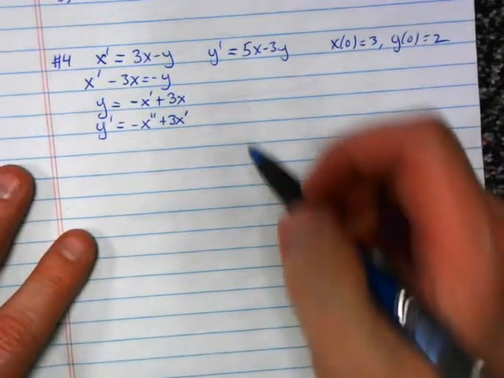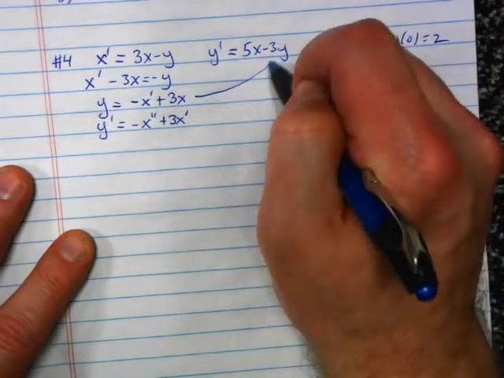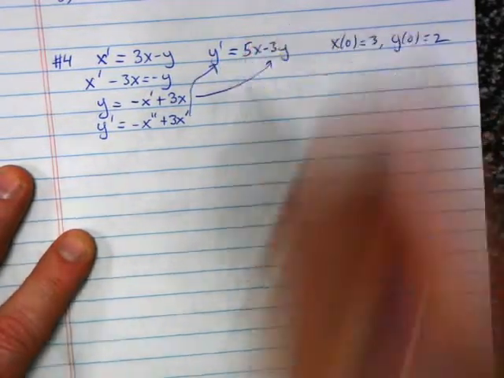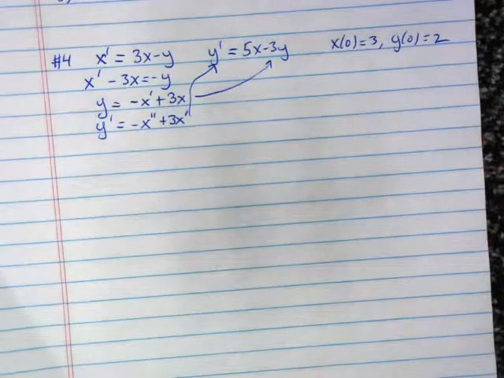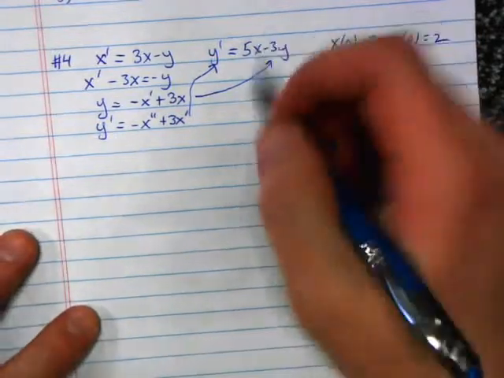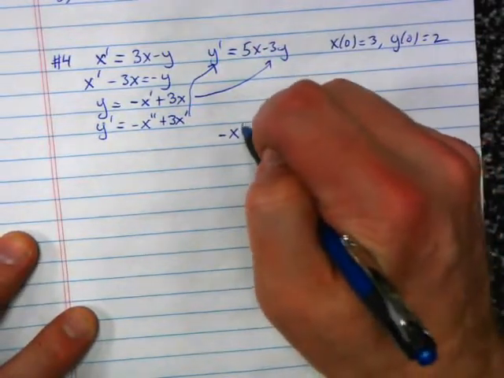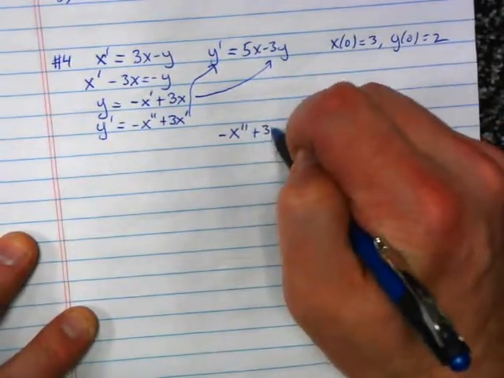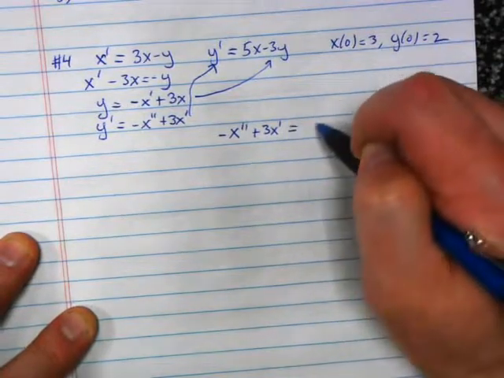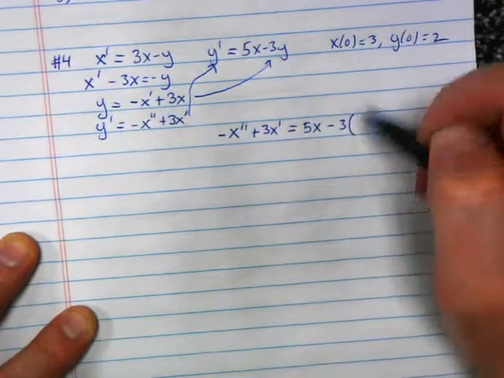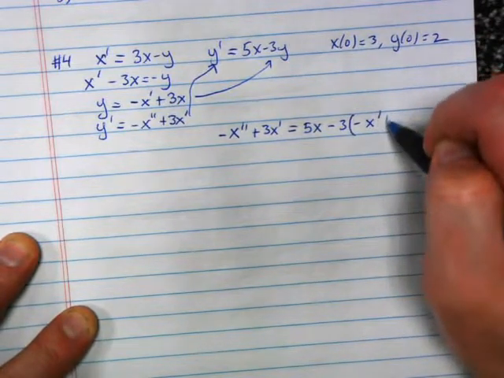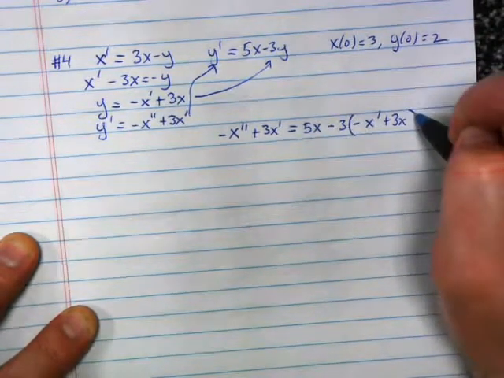Now you're going to take those two things, plug the y in there and the y prime in there, and you'll only have x's left. That gives us negative x double prime plus 3x prime equals 5x minus 3 times negative x prime plus 3x.